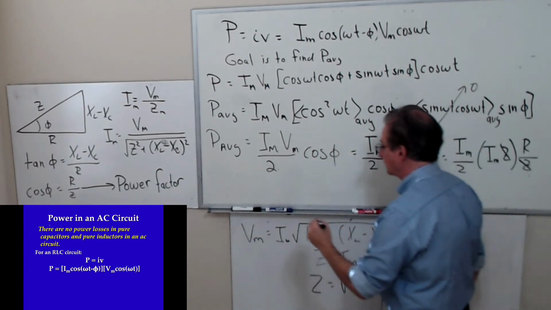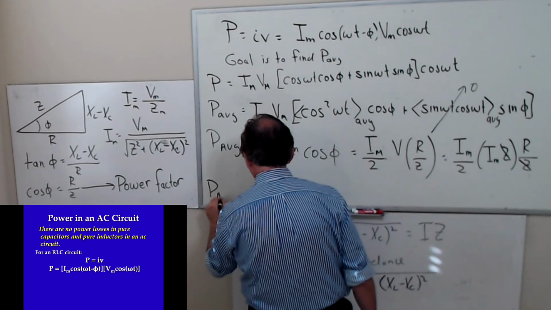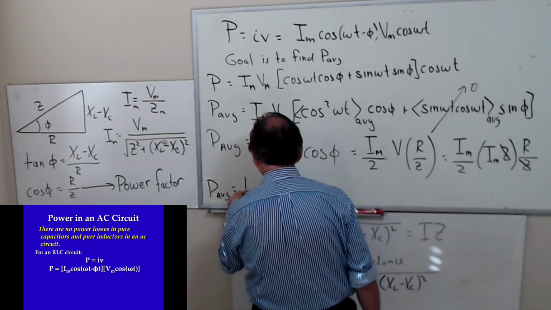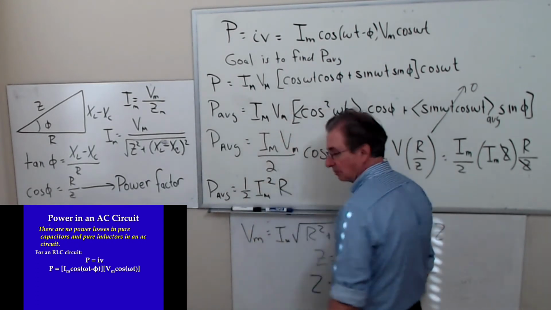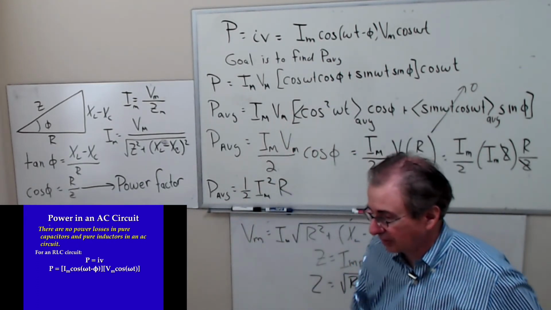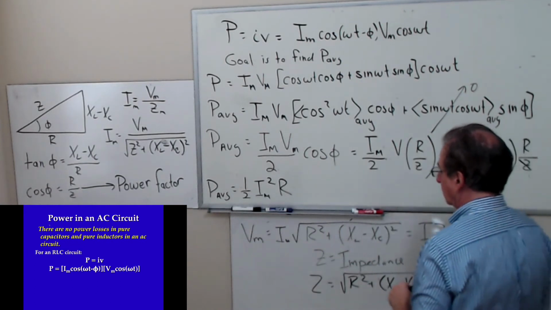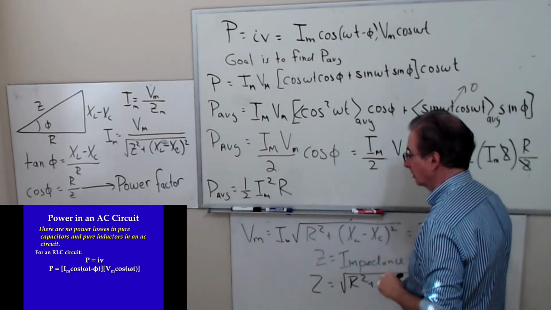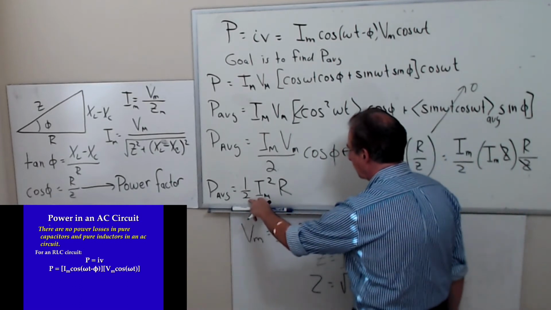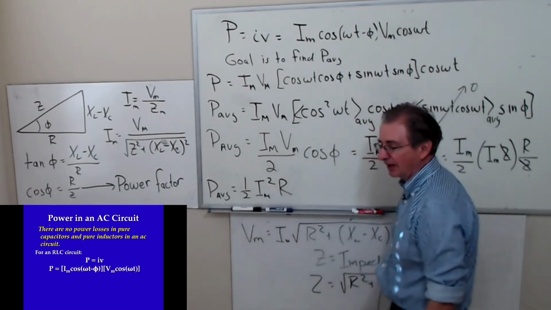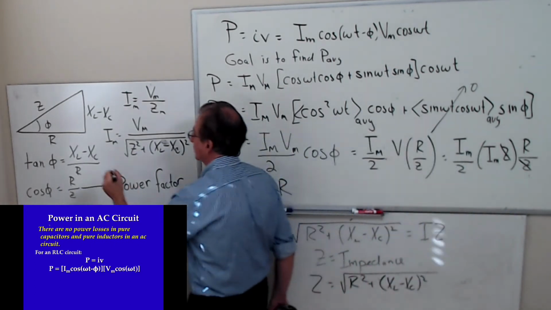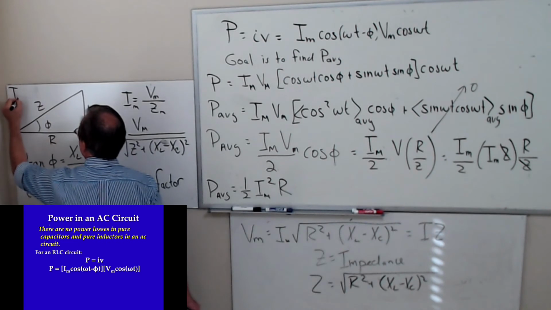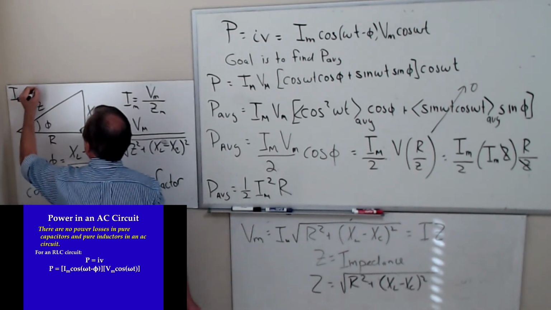And so P average is 1/2 I sub m squared times R, which should make sense to you because all the energy is being dissipated by the resistor. But what's 1/2 I sub m squared? Well, remember that I RMS is 1 over the square root of 2 times I sub m.